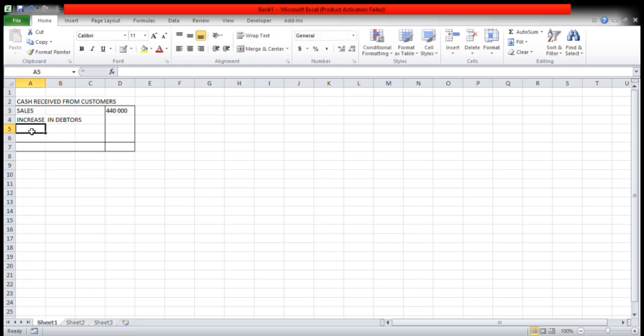So we're going to indicate inside the brackets that we took the amount for debtors control of 56,920, and we left 6,120.